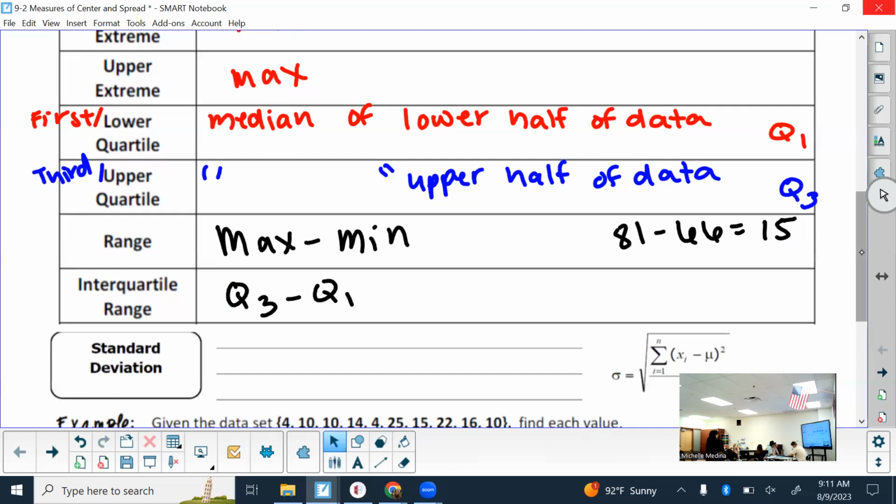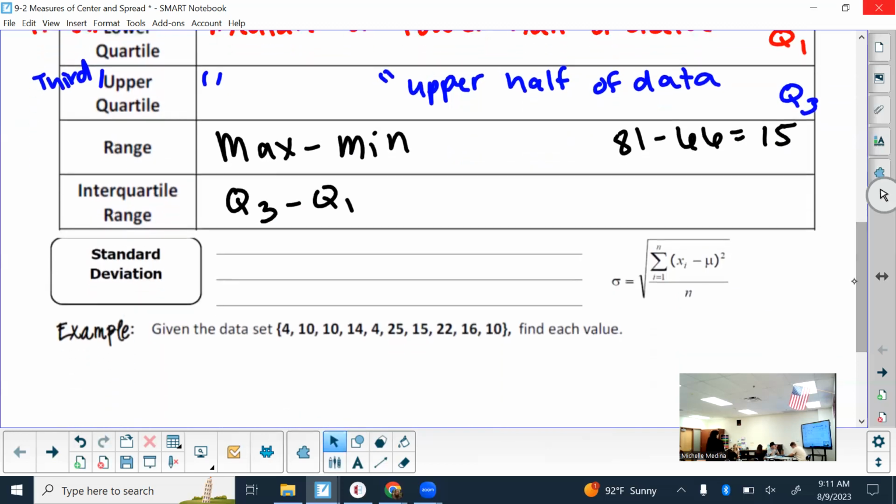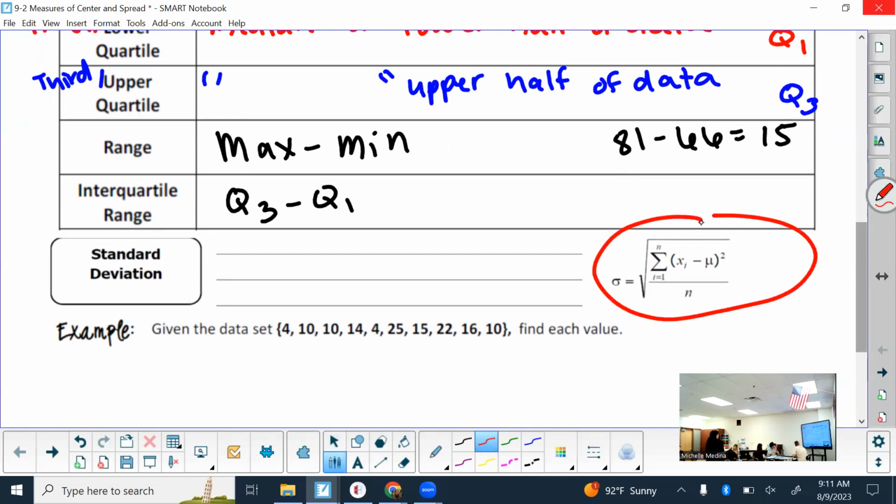All right, lastly, we have standard deviation, and it's this funky formula that's printed on your paper. In the past, I think there was one year where I had to teach them how to do it by hand, but really in a calculator, even on Desmos, you can calculate the standard deviation really easy.